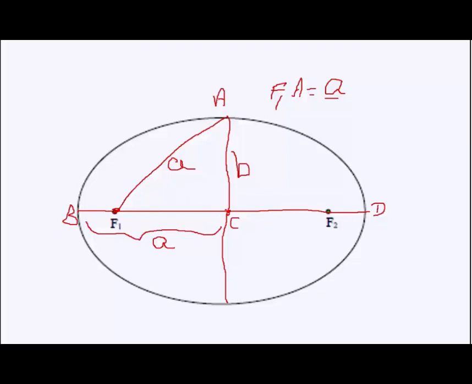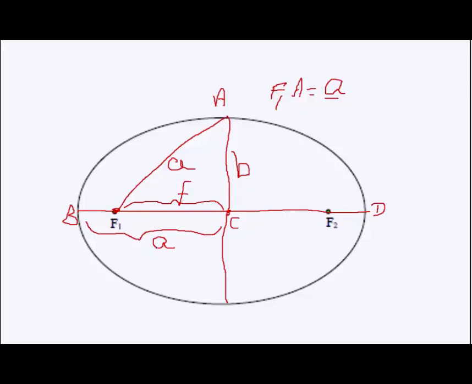Now, the distance from the center to the focus is called the focal length. So, F1C is the focal length, and F2C is also the focal length. We represent the focal length by the letter lowercase f. So measure distance F1C and label it as f. So how many distances do you have now?